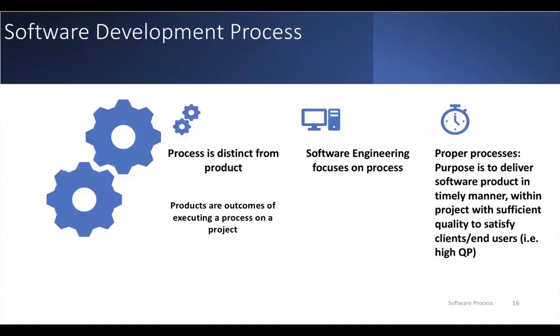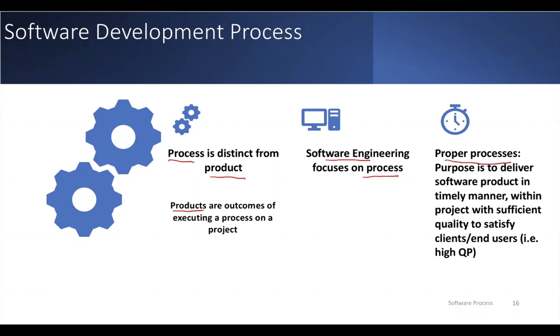In the software development process, the word process is different from the word product. When we use the word product, we are referring to the outcomes of executing a process on a project. Software engineering focuses on the process, not the product.